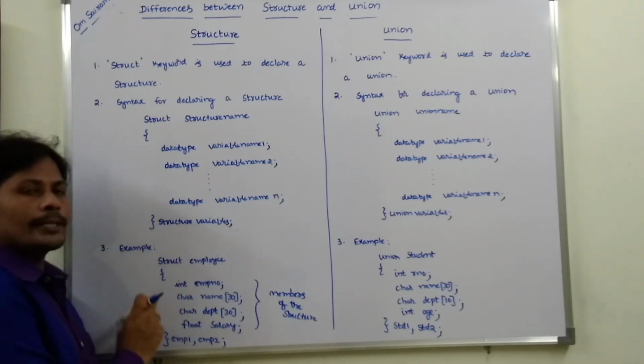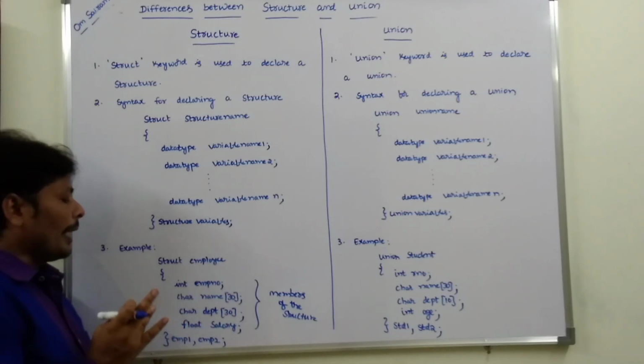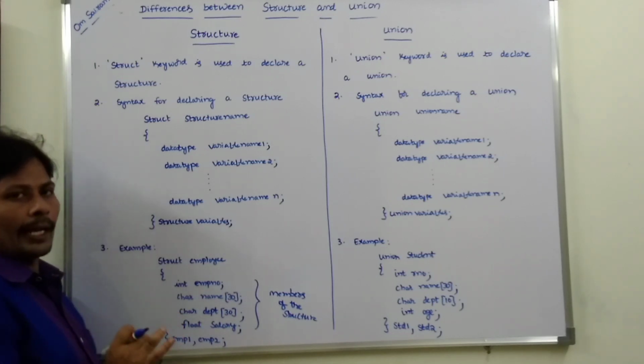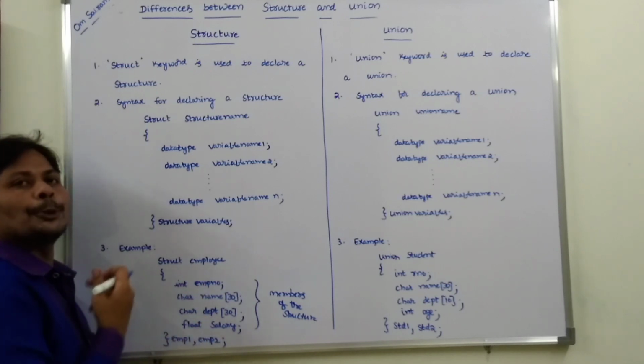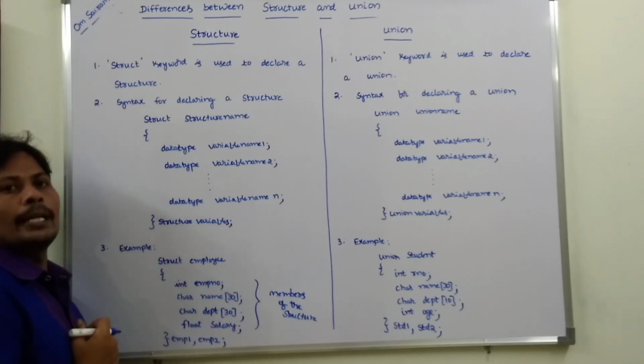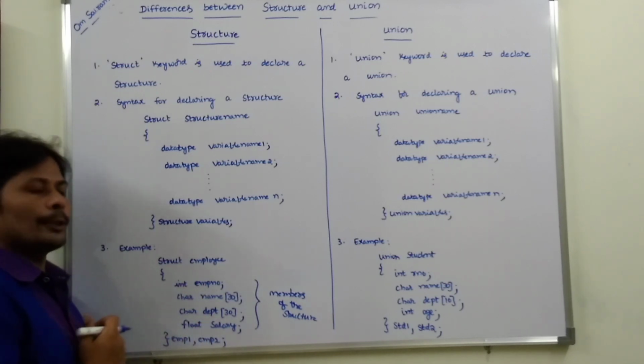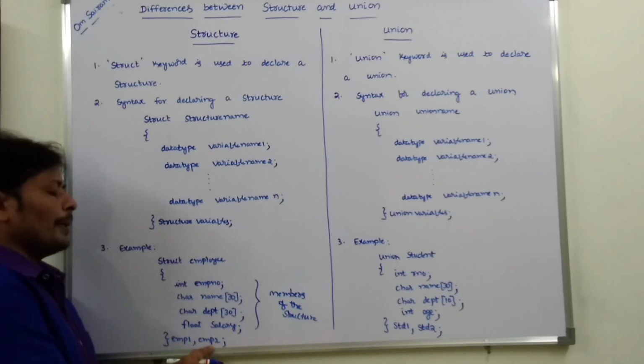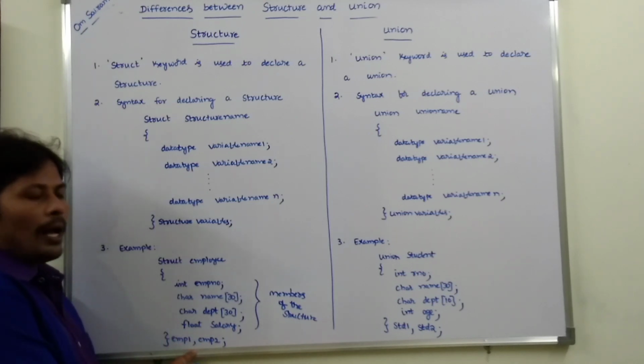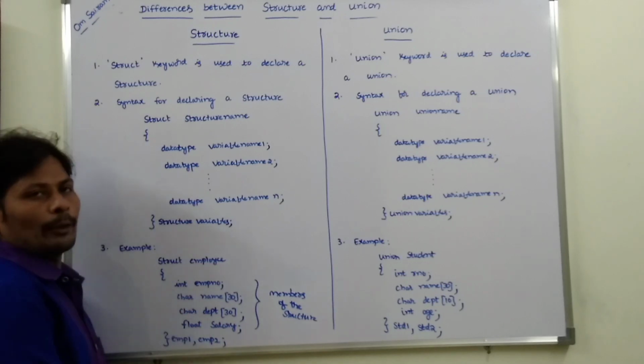The members are employee number, name, department, salary. emp1 and emp2 are separated by a comma, and at last we put a semicolon.